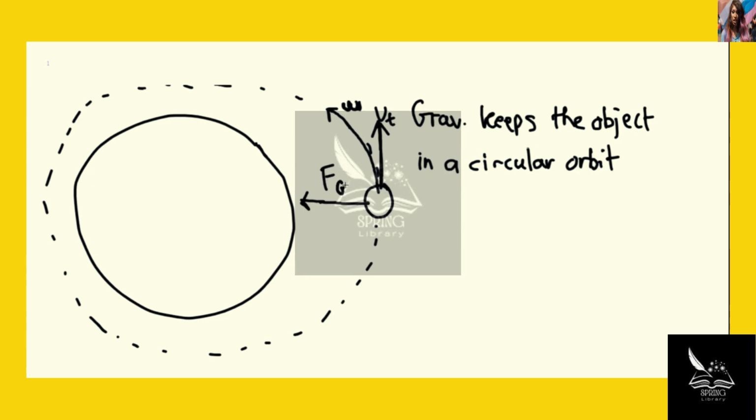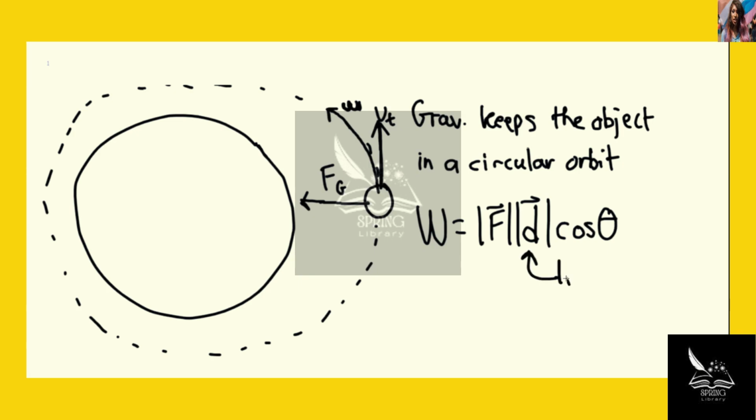Essentially, at this point, because work is equal to the magnitude of the force times the magnitude of the displacement times cosine of theta, and displacement is a linear term, this only depends on the translational velocity.